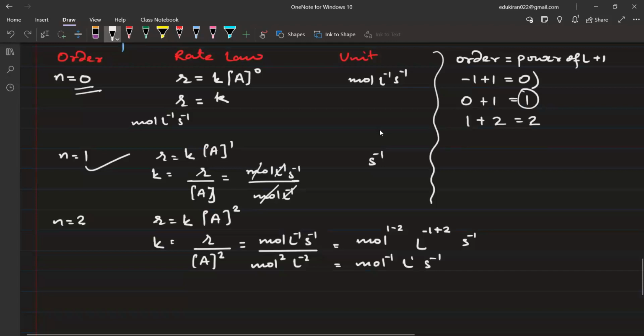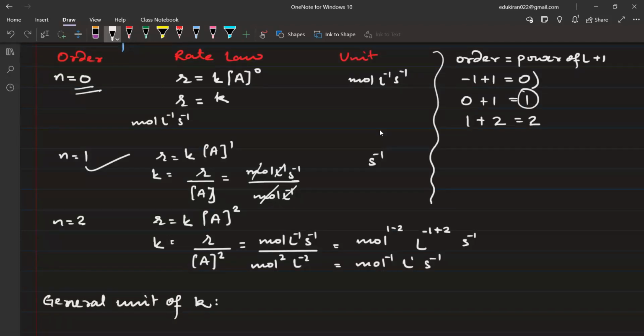Something that you need to remember is, in general, the unit of K, that means the rate constant, is moles per liter whole to the power 1 minus n, second inverse. Concentration unit is moles per liter to the power 1 minus n, second inverse.